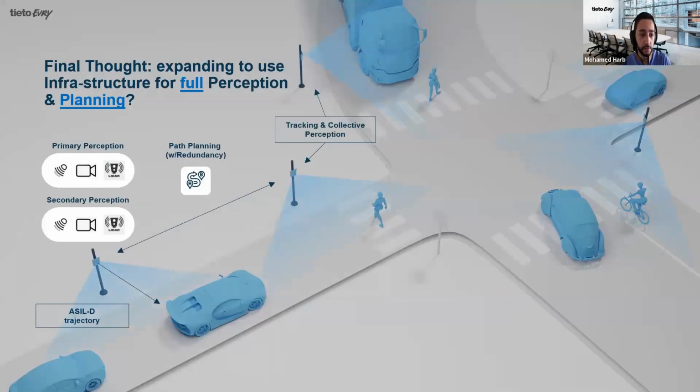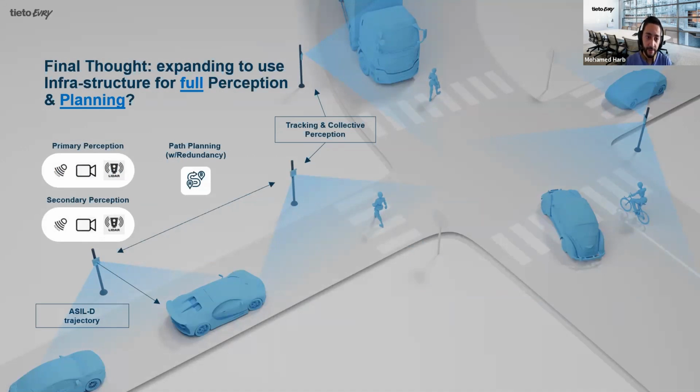So not only giving a redundant perception or using the infrastructure for redundant perception, rather do the full perception there. So equipping the roadside units with primary and secondary sensor sets, and also computational power to do the perception with the redundant system, and also offload the planning task.